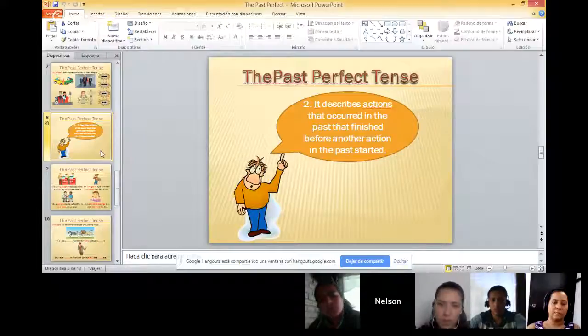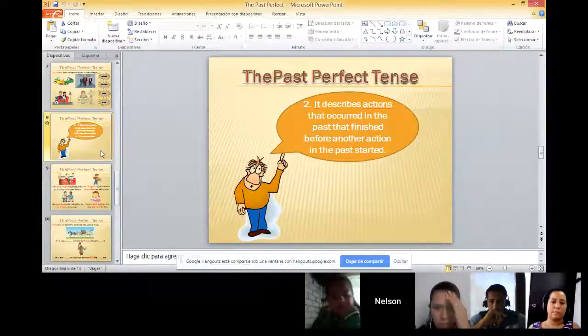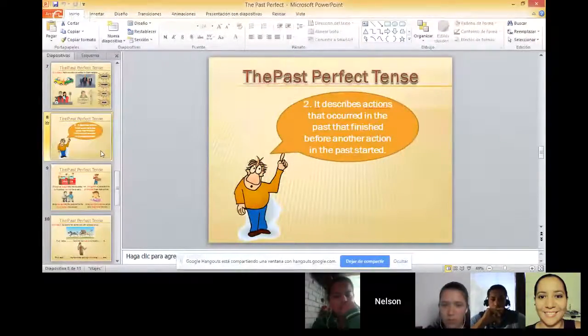The past perfect tense, part 2, describes actions that occurred in the past that finished before another action in the past started. So this is the time when the past perfect becomes more complex in the structure and in the sense, all right?